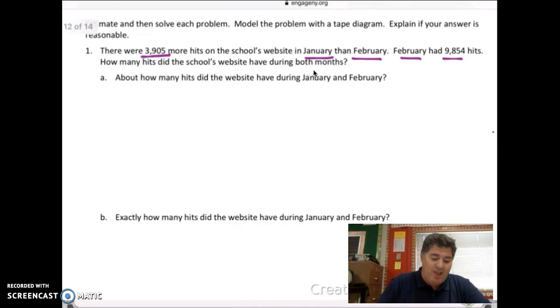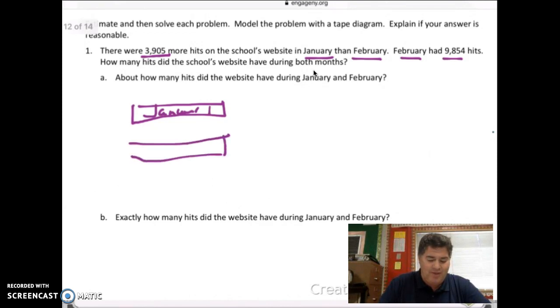So in January, here's January, and here is February, and those actually should be the same amount. However, February had 9,854 hits.